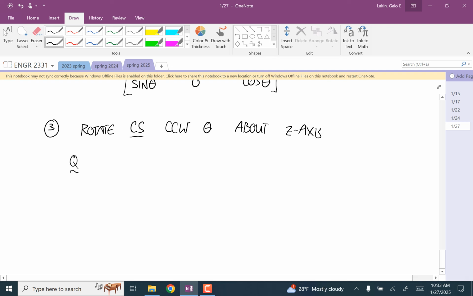This rotation matrix is cosine theta, sine theta, 0, negative sine theta, cosine theta, 0, 0, 0, 1.